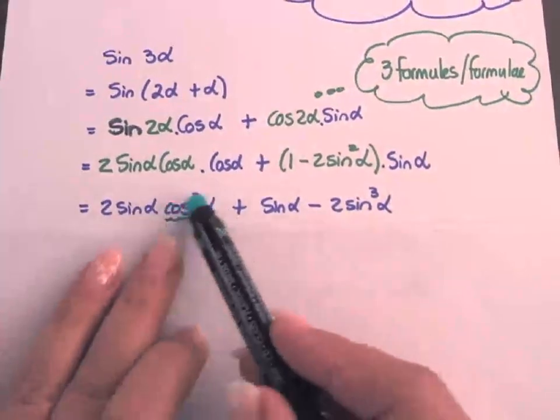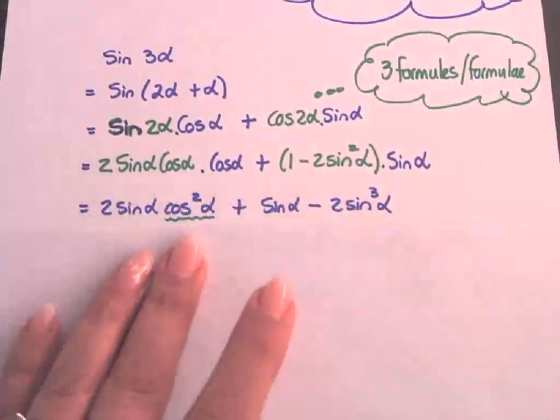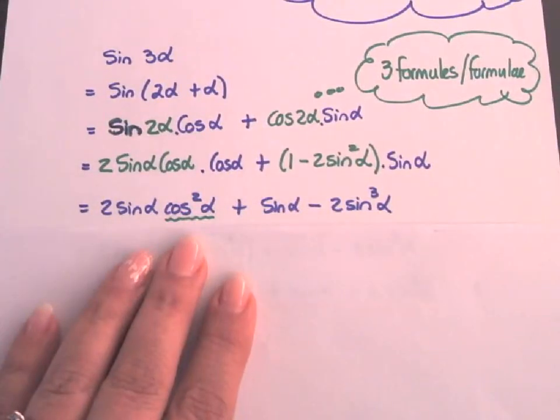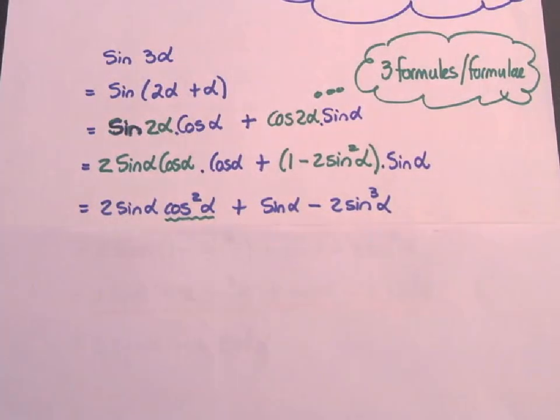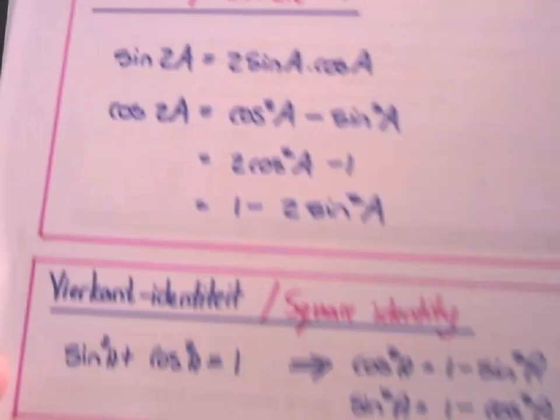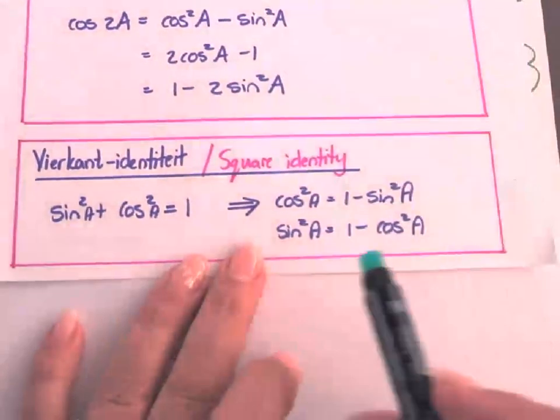So I have a problem here. What can I do with that cos squared? You can write it as 1 minus sine squared. The square identity.